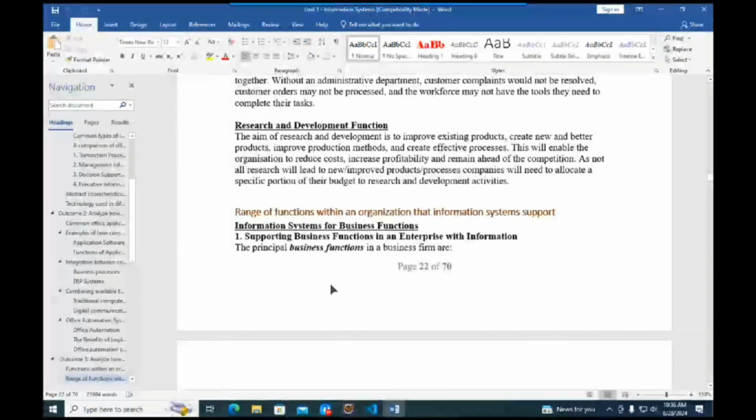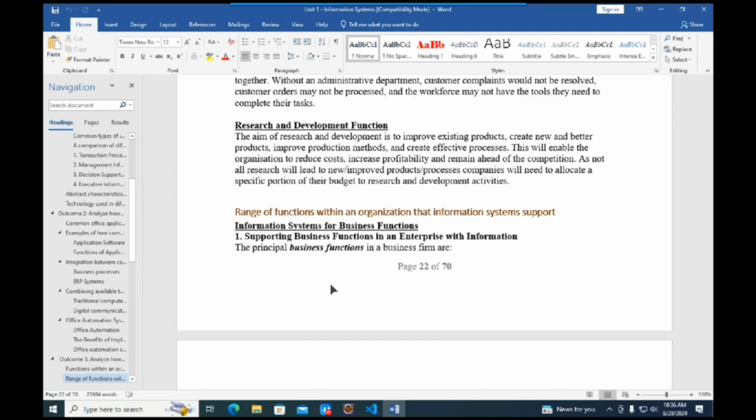We also have the research and development function. The aim of the research and development function is to improve existing products. We have products that we are creating, so we want to make them better. They are there to improve existing products, or to create new and better products, or improve the methods of creating the products, and also have more creative or effective processes in product creation.